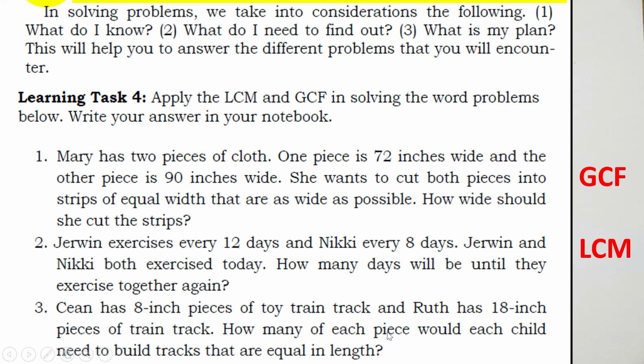Diba? So pag may each and equal, we are going to find again the LCM. So number 1, GCF. Number 2, LCM. Number 3, LCM. So dadagdagan nyo lang dito ng what is asked at what are given. Then yung solution na gamit ang continuous division.